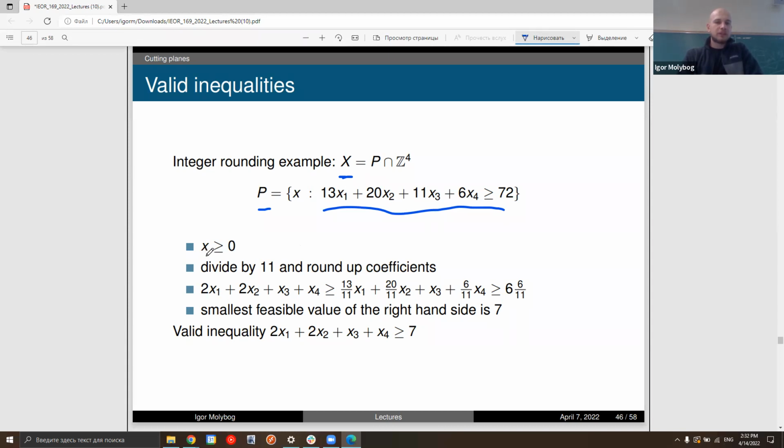So first of all, we assume that x is greater than or equal to 0. I believe it should be plus here.